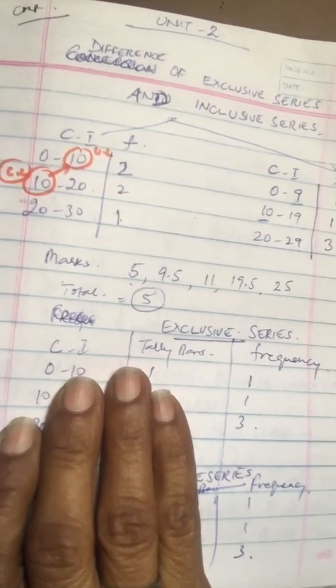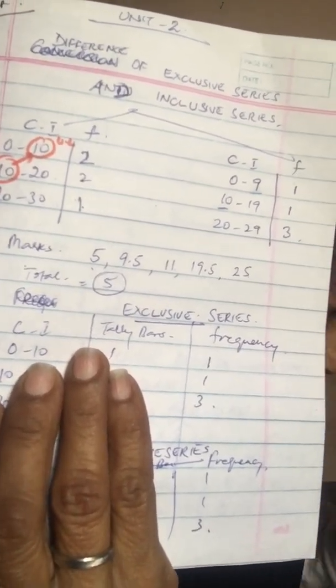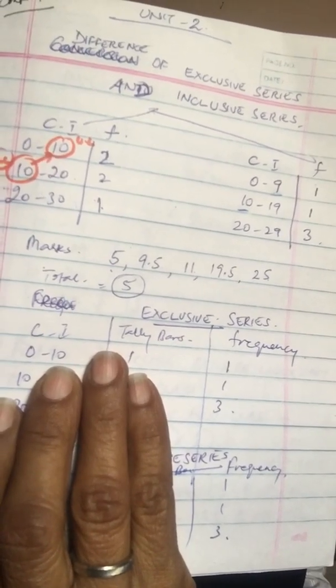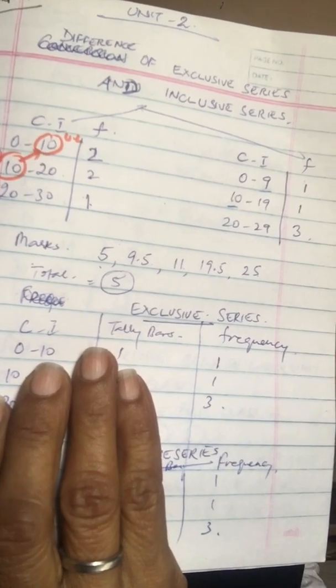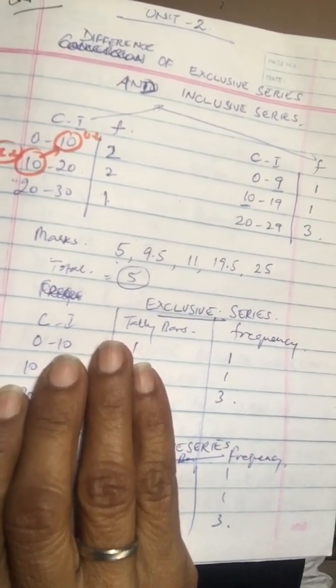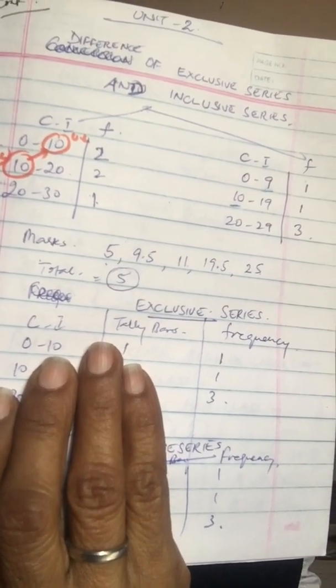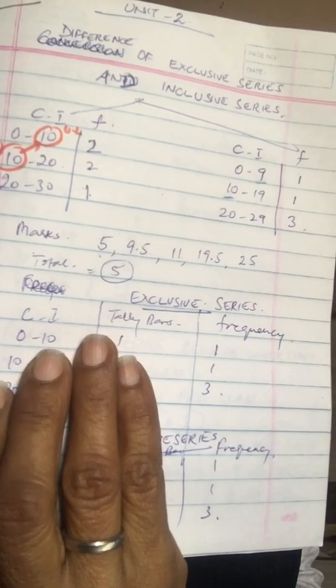And regarding conversion, I started with exclusive, but there is no need to convert the exclusive method into inclusive series. It is necessary to change when you are using the inclusive method into exclusive series. So we are going to discuss the conversion. How do we go about it?